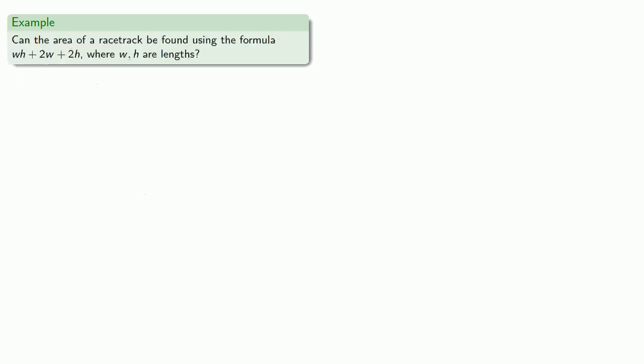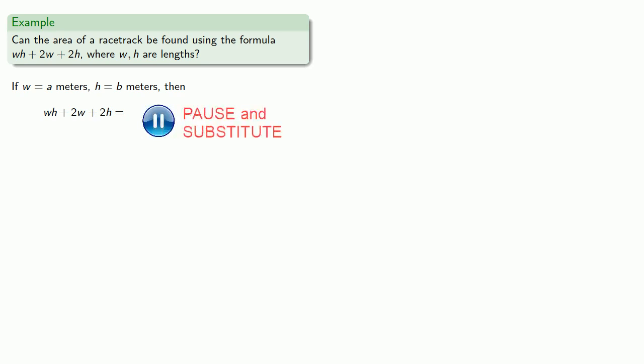And even more dramatically, can the area of a racetrack be found by using the formula WH plus 2W plus 2H, where W and H are lengths? Now, we're not given the values of W and H, but if we're measuring them in meters, well, let W be A meters and H equal B meters, then our formula gives us a combination of units. And remember, these units are acting just like algebraic variables.